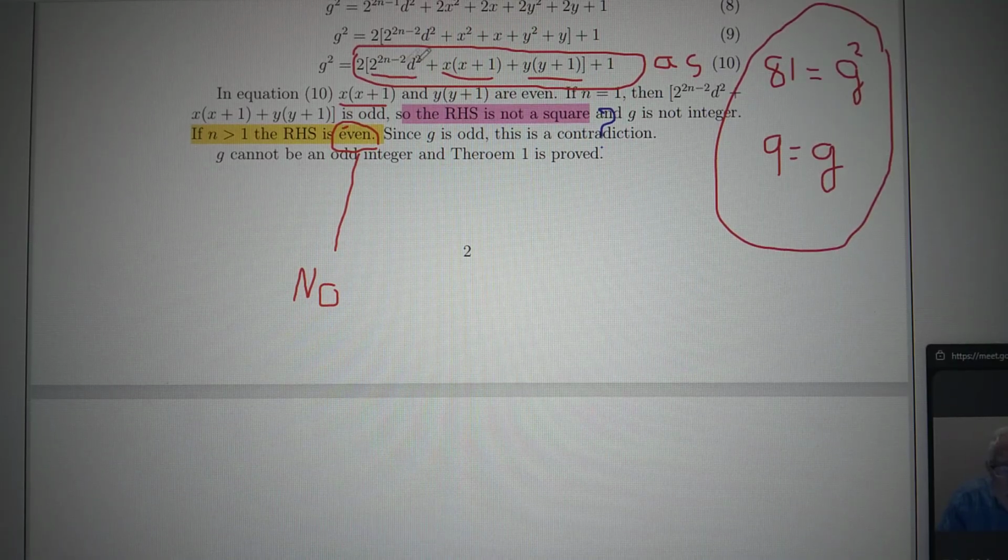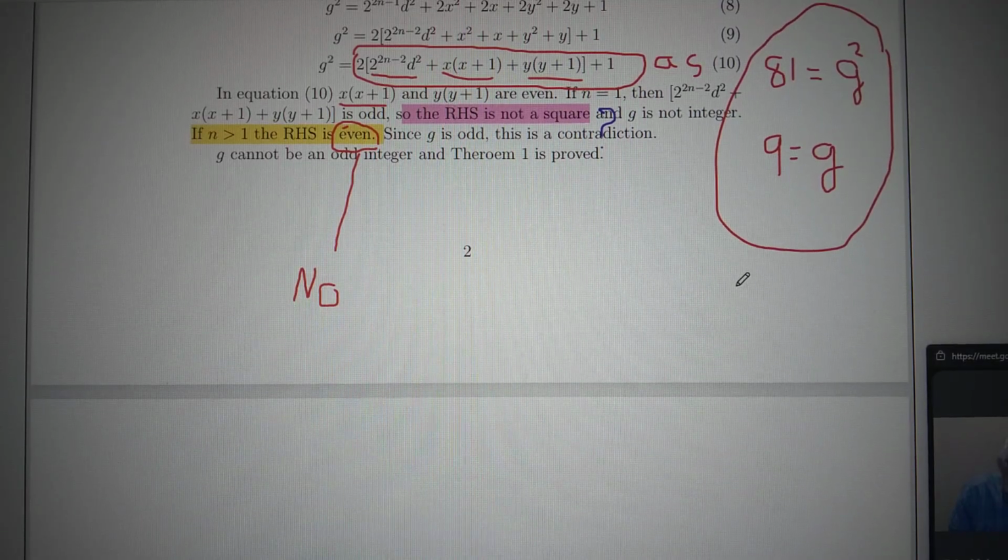But don't worry inside. You have a parenthesis here. Do you see this parenthesis? Big one. Times 2. That means you have even plus 1 is odd. G squared is odd. See? Odd should be like 81 or 9. Okay.